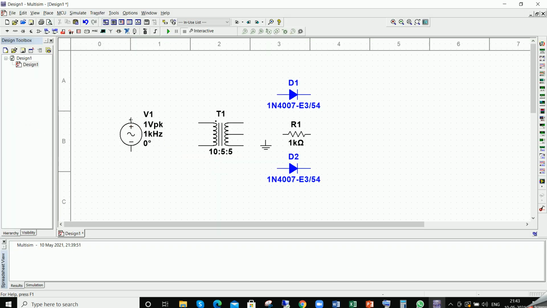AC voltage source, click on AC voltage source, then connect to the transformer, the negative terminal to transformer, the output of transformer to diode D1. Next terminal, the second terminal is connected to diode D2. Short both the cathodes of D1 and D2.